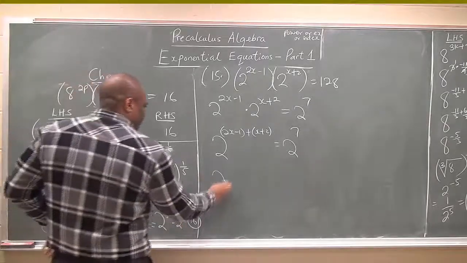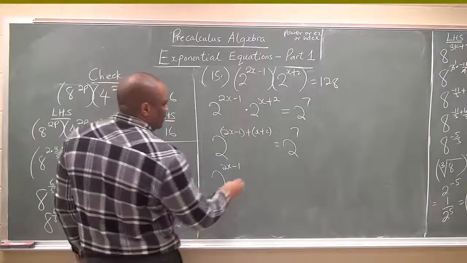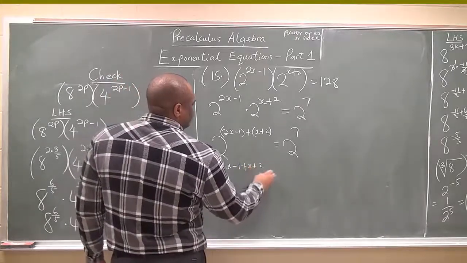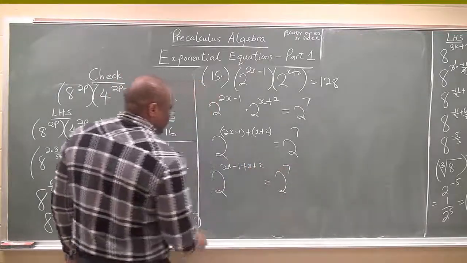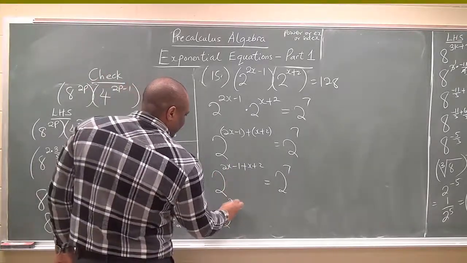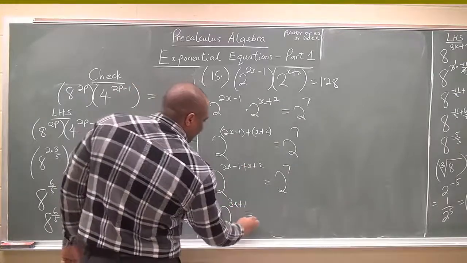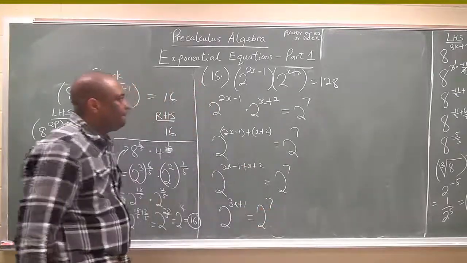So this will be 2 exponent 2x minus 1 plus x plus 2 equal to 2 exponent 7, which is now 2x plus x is what? 3x, minus 1 plus 2 is what? Plus 1, equal to 2 exponent 7.